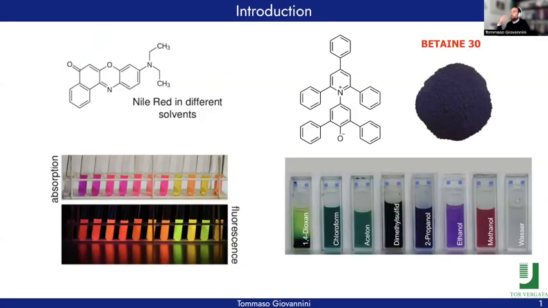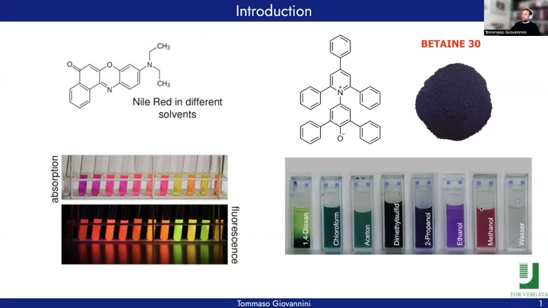So these are some of the most used examples that are taken from the literature. If you take, for instance, this molecule that is Nile Red, a chromophore, or Betaine-30, that is also called the Reichardt dye, since it was studied a lot by Professor Reichardt, you can see that if you change the solvent, so the external environment, the properties from absorption, fluorescence, and in the case of Betaine, I just reported the absorption, you see that it changes drastically.